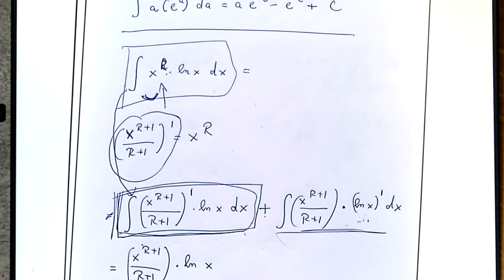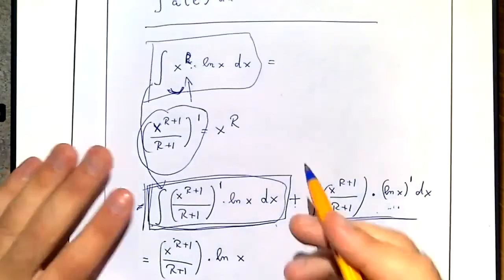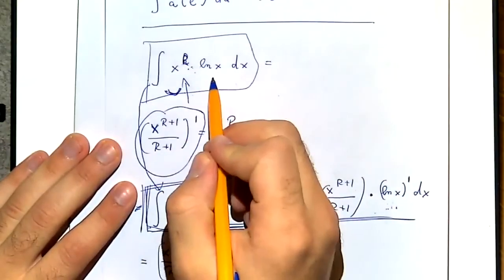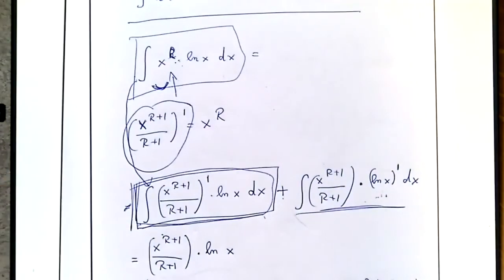Integration by parts says you have to have a derivative inside the integral. I don't have one in my case. I have x^r multiplied by log of x dx, no derivative. So what do I do? I just create one by looking at the antiderivative of x^r.